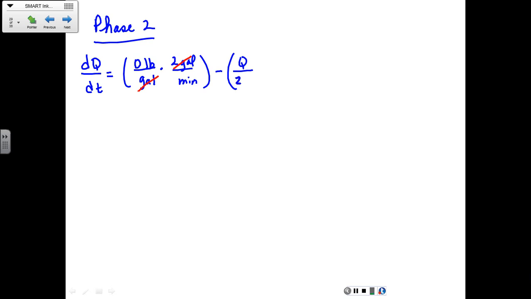It was 100. Leaving at 2 gallons per minute. Easy to fix. Okay, so dQ/dt, that's 0. So it's negative 2 over 100, which is 1/50th.